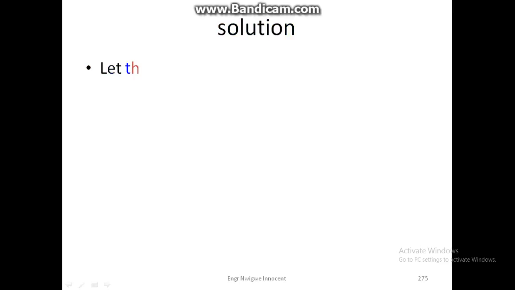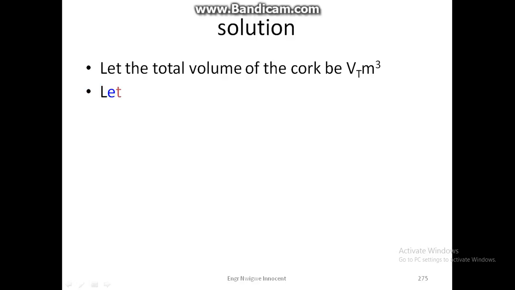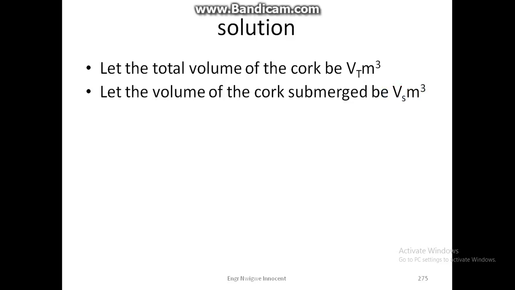Solution. Let the total volume of the cork be Vt meter cube. Let the volume of the cork submerged be Vs meter cube. Mass of cork equals 0.25 times 10 raised to power 3 times Vt kilogram.